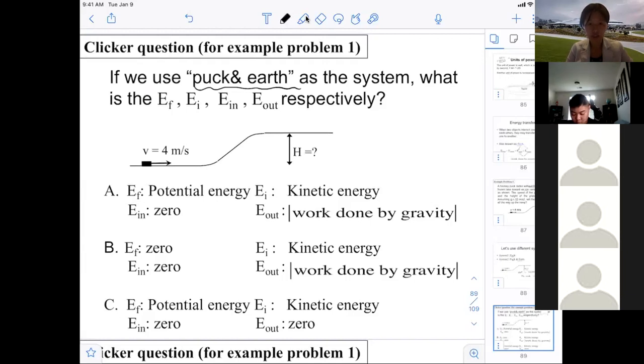Final energy, initial energy, energy input, and energy output. Make sure you record all these different answer choices, take a screenshot, and we will have a discussion for a couple of minutes, and then we'll come back to solve this problem together.